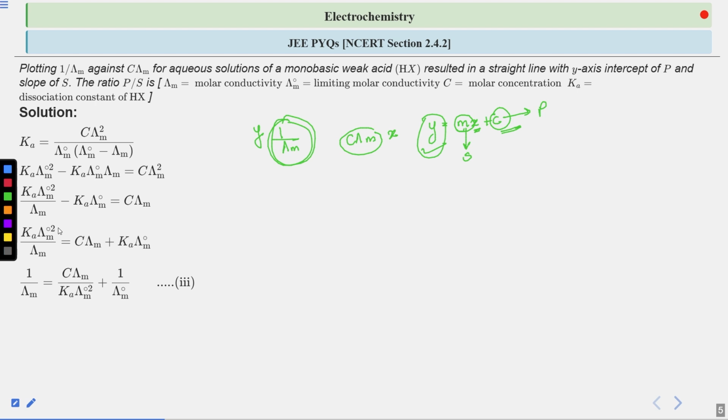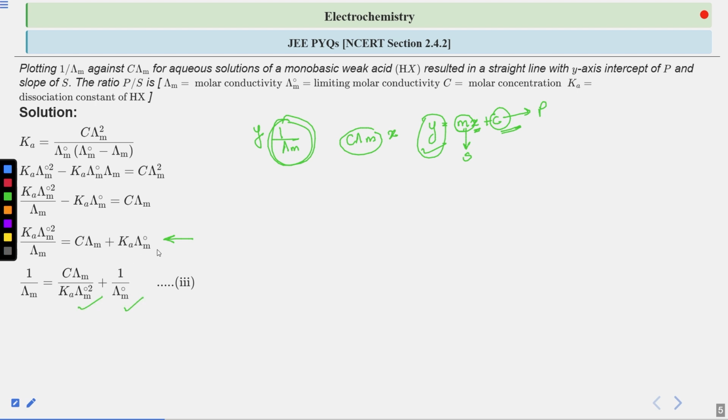So this Ka times lambda m naught whole square in the numerator will go to the denominator at the right hand side, and the equation will become 1 by lambda m equals C lambda m upon Ka lambda m naught square. You will divide this Ka lambda m naught square by both the terms, right? So you divide it with the first term, and then you divide it with the second term.